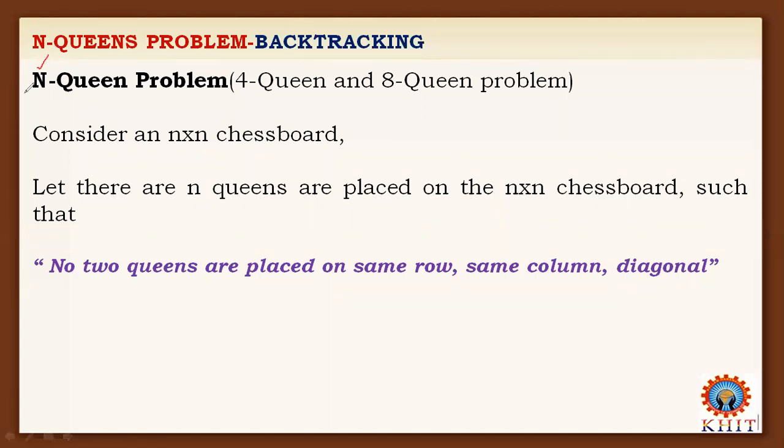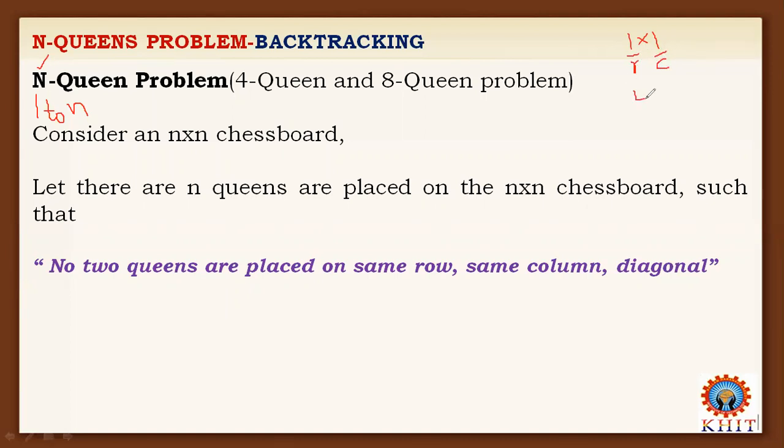There are n queens, and the n value may be anything from 1 to n. N starts from 1 and keeps incrementing till n. If it is 1 by 1, that is called a 1 by 1 chessboard. Here the first number represents rows and the second represents columns.